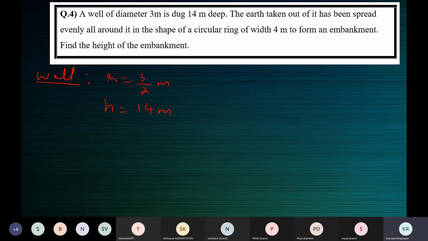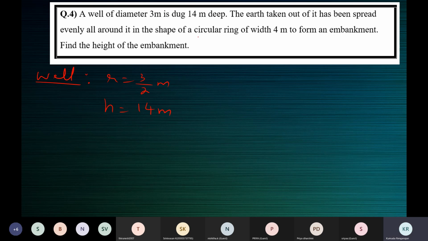The volume of the well, the volume of the cylinder, is equal to the volume of the earth in the embankment. Nothing is wasted. All the earth from the well is now in the embankment.